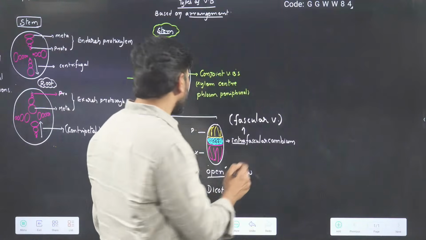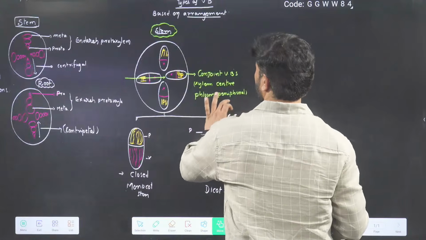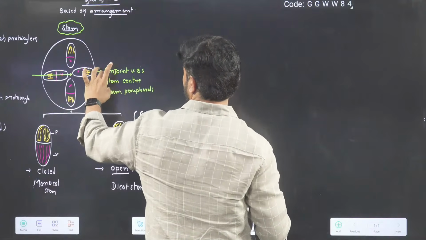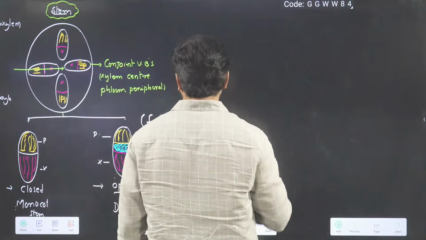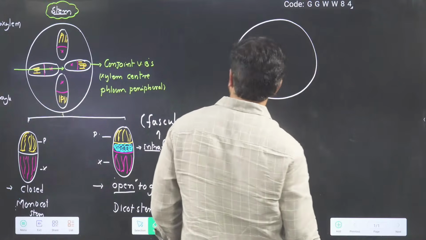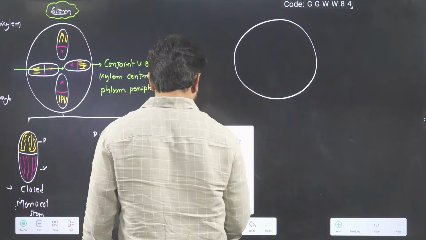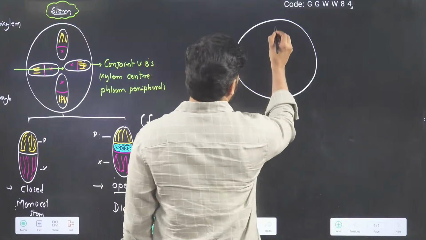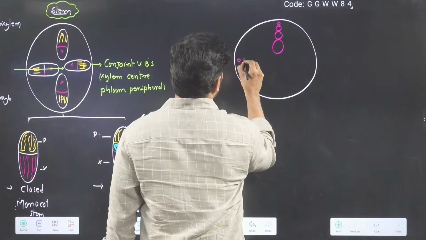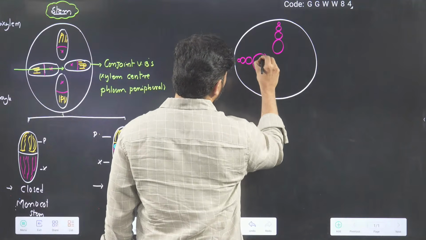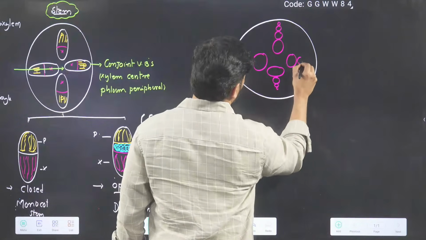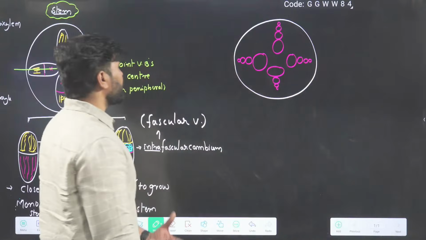Let us see root. What kind of arrangement? In the root, if you are observing the arrangement of xylem and phloem, you will get one arrangement like this. This is root. Okay, in the root there is a presence of xylem, but this xylem has protoxylem towards the center, metaxylem towards periphery.